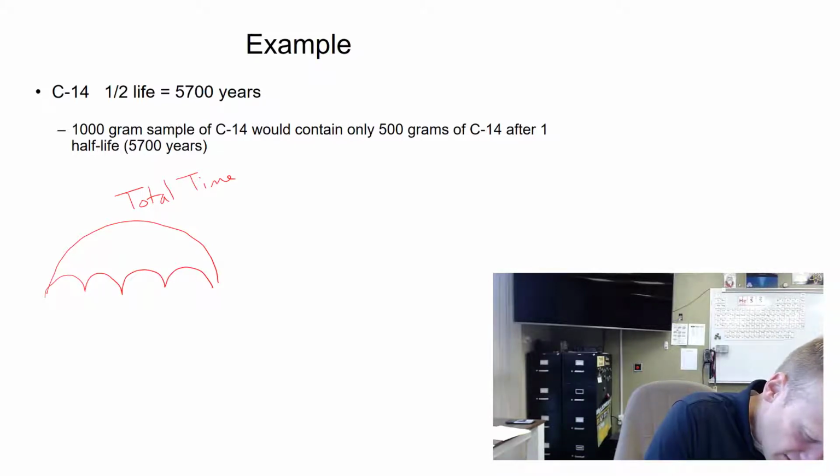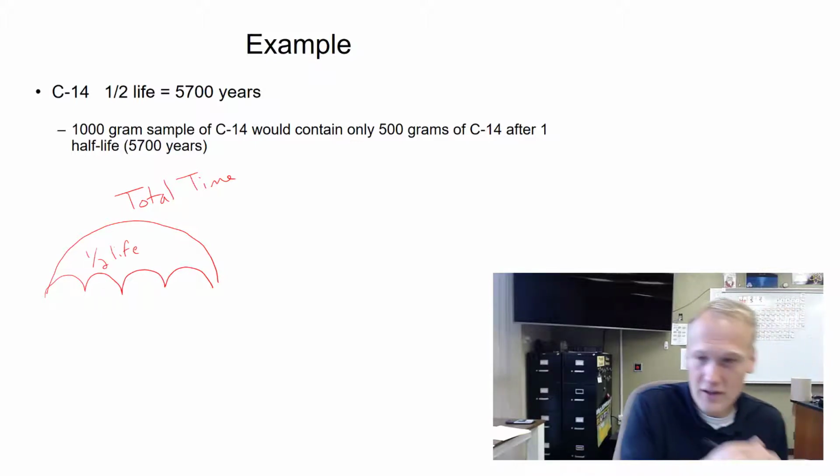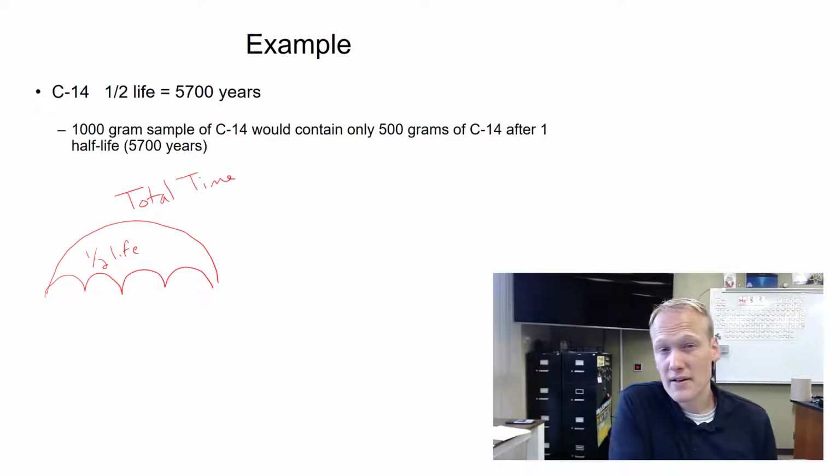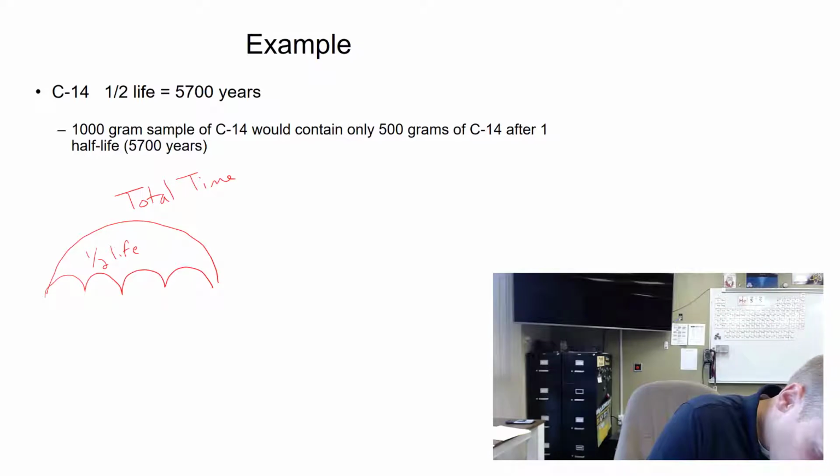On each one of these little segments in the middle, that's the half-life time. That's how long each half-life will be. And then we put the mass at the bottom. The starting mass will go to the left, and the ending mass will go to the right.